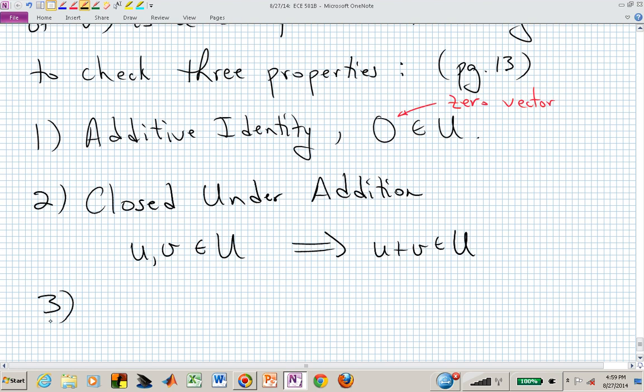Not only does capital U, this subset, have to be closed under addition, it also needs to be closed under scalar multiplication.